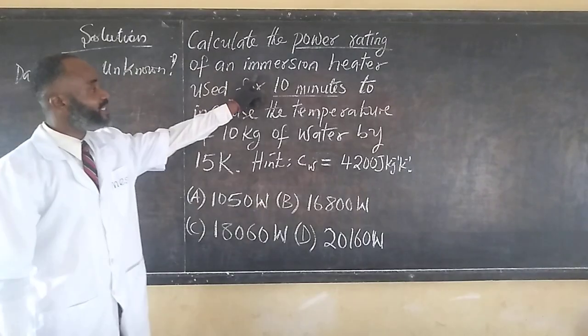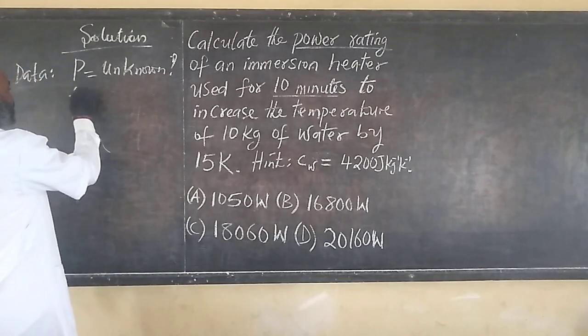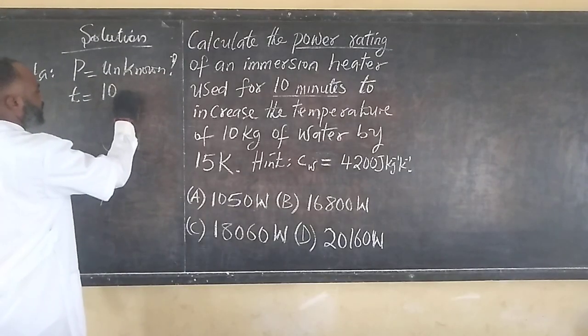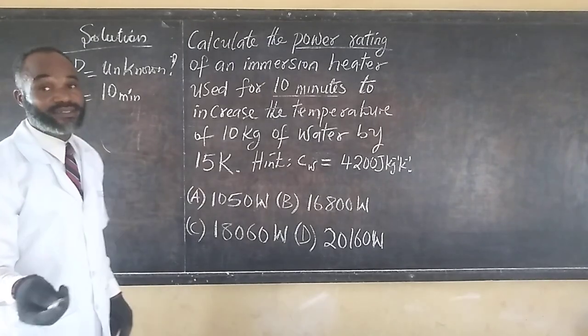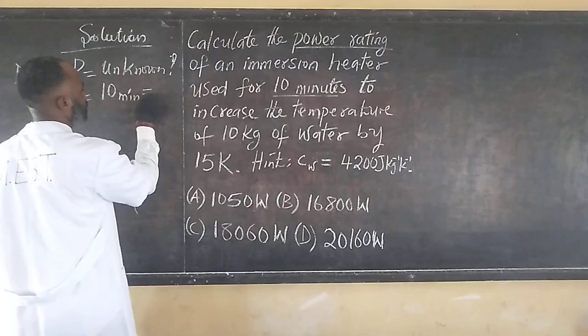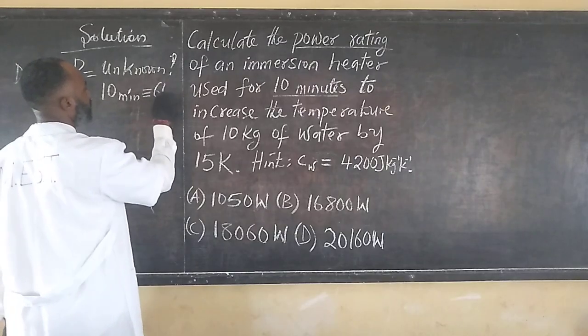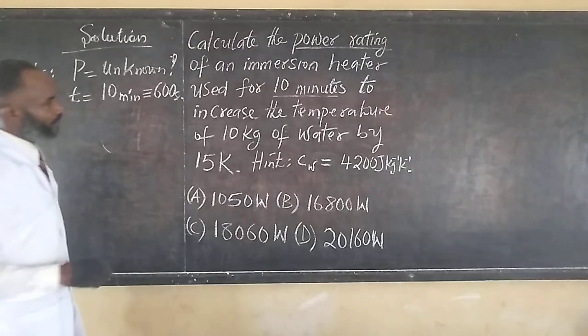The immersion heater is used for 10 minutes. So time here is 10 minutes, and this is equivalent to 10 times 60, that's 600 seconds.